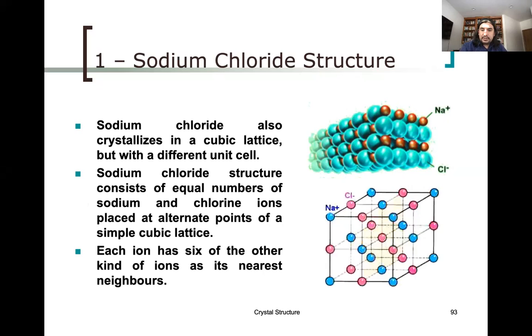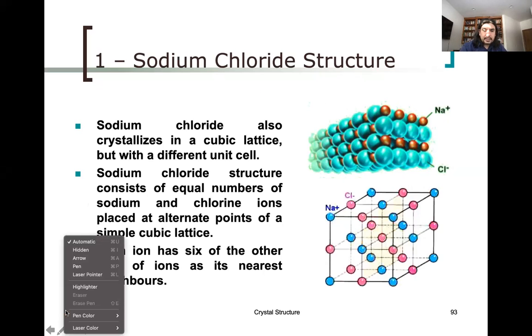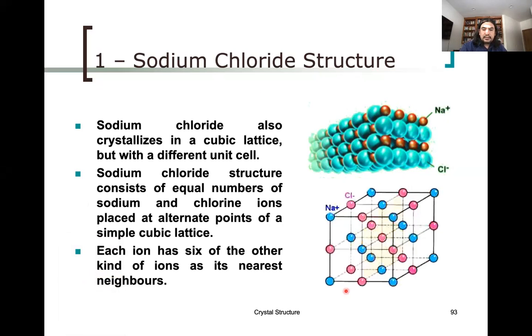And if you look at it, let me bring out the laser pointer. There's one sodium atom in each of the corners. And then there's a sodium atom again on each of the faces: 1, 2, 3, 4, 5, 6.